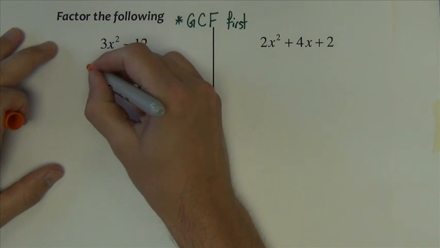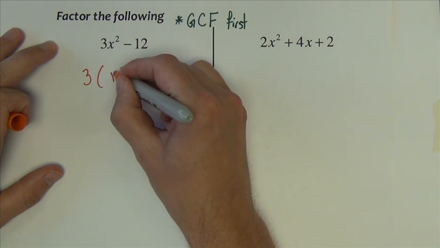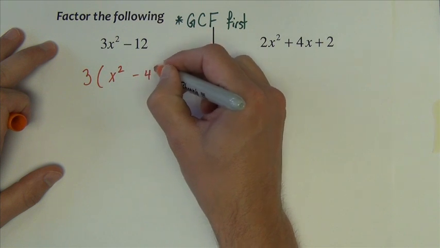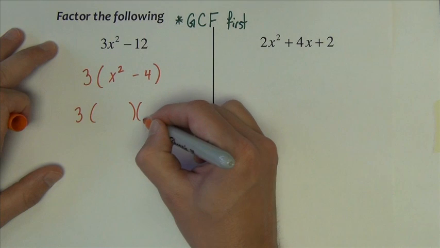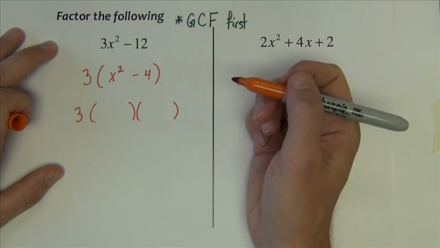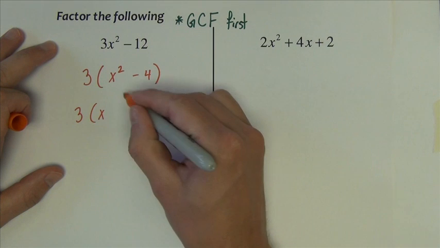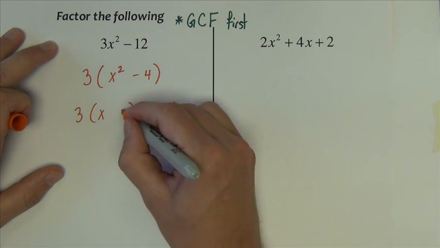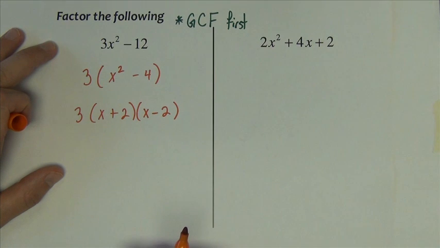And the answer is yes, and that number is 3. So dividing each of these by 3 leaves x squared minus 4. Now we keep the 3, and can we factor x squared minus 4? Well, it looks just like the last slide of problems we did. x times x makes x squared. Square root of 4 is 2. One's plus, one's minus, and that's it.